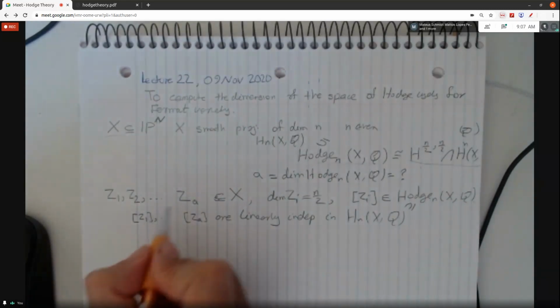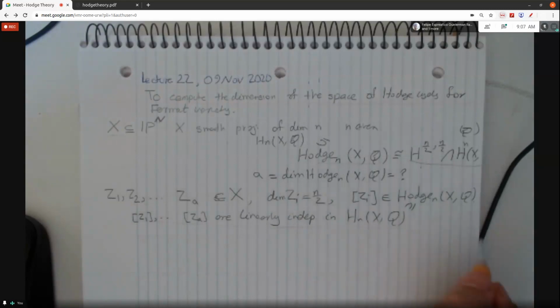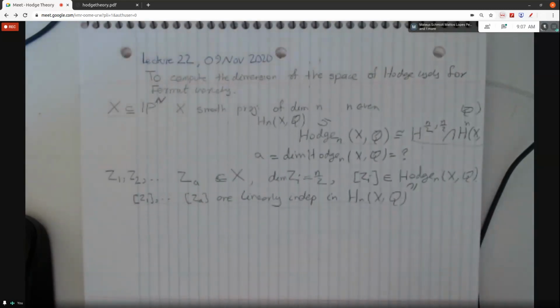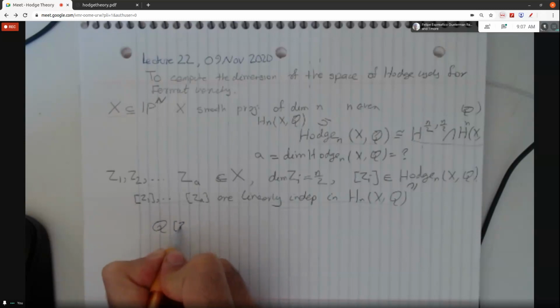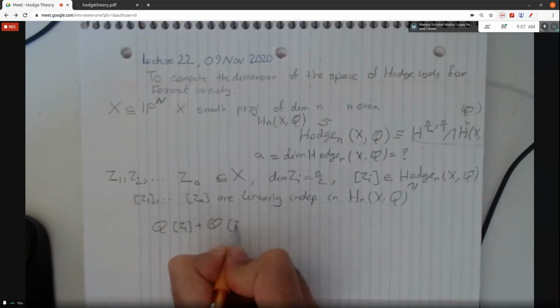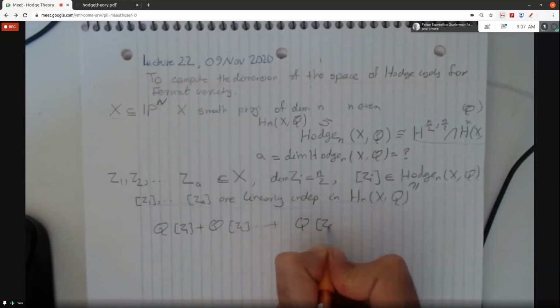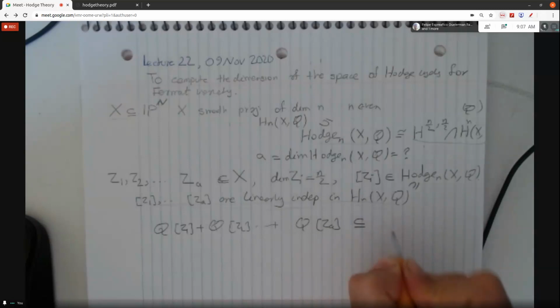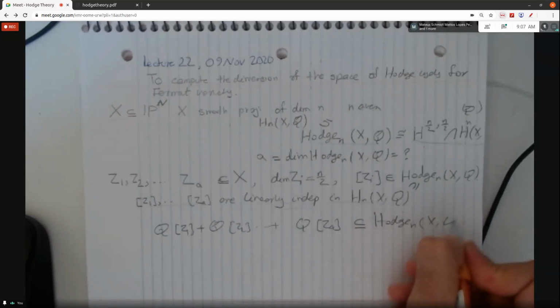So if we construct A algebraic cycles which are linearly independent in homology, then we have already verified the Hodge conjecture, because we know that the subspace generated by Q Z1, Q Z2, and so on, is inside Hodge and XQ.